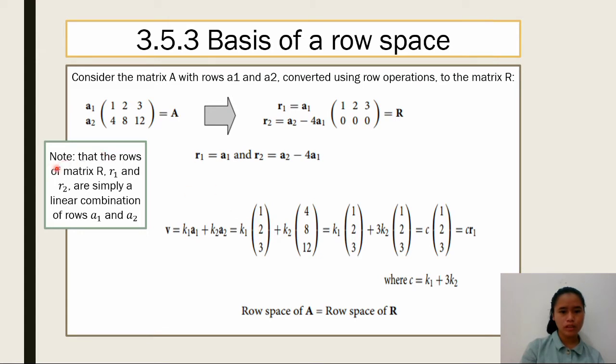So note this: the rows R1 and R2 are simply linear combinations of rows A1 and A2.